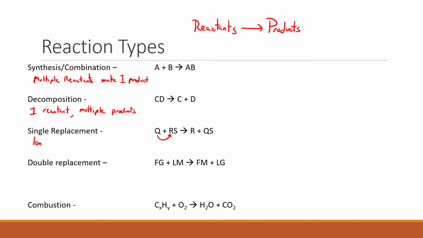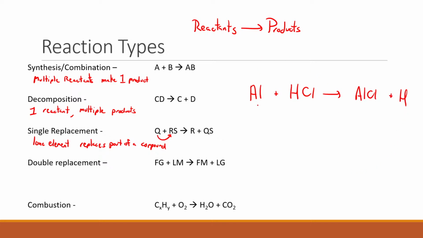Right? A lone element replaces part of a compound. Now this happens pretty often. Right here, in this case, the aluminum replaces the hydrogen, and the aluminum comes in to kick out the hydrogen from its spot.